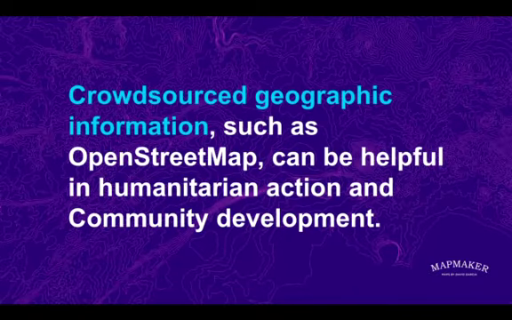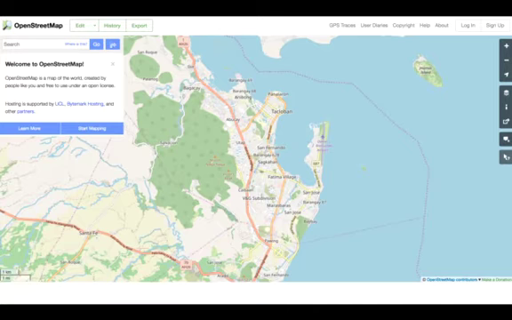But over the past, say, decade or two, we've seen an increase in the involvement of citizens and non-professional mappers and enthusiasts and people who are not paid to do it, but they contribute to projects like OpenStreetMap. And it proves very useful, especially in our experiences in Marawi and Haiyan and more.